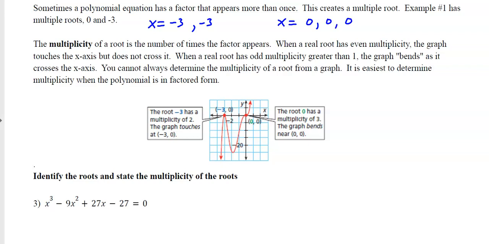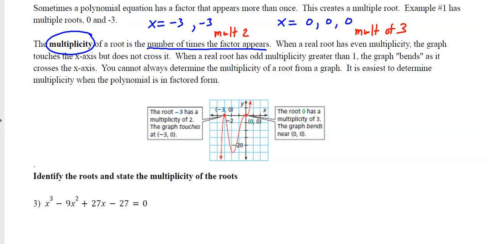So it says the multiplicity, a vocab word here, of a root is the number of times it appears. So we would say that -3 would have a multiplicity of 2, and 0 would have a multiplicity of 3, for a total of 5.